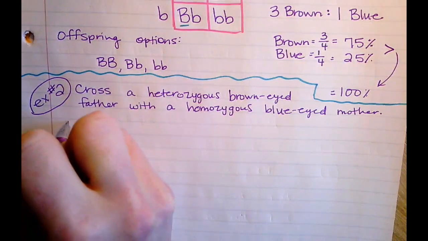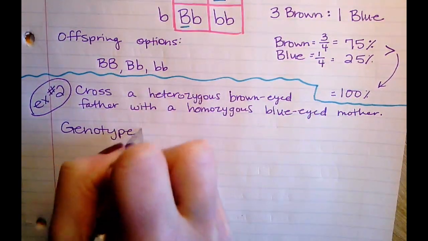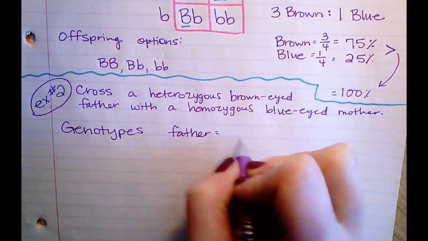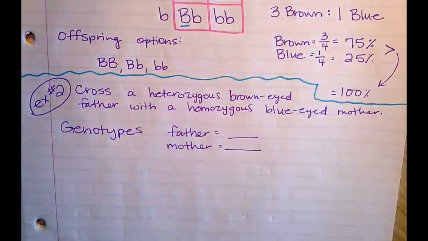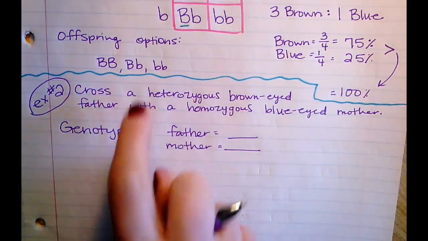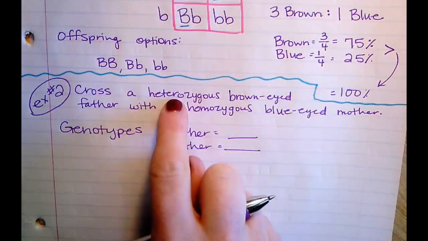So let's go ahead and write the genotypes. Okay, so we have our father and our mother. Okay, and when I say cross, that means that they are going to mate. Okay, they're going to produce offspring. So for the father, it's a heterozygous brown-eyed father. So heterozygous means different.